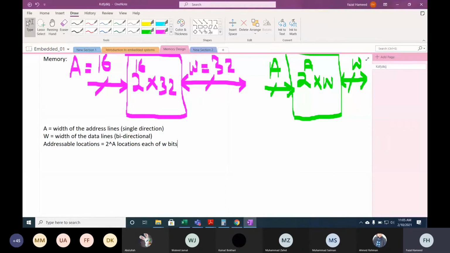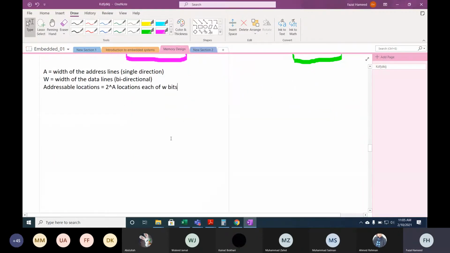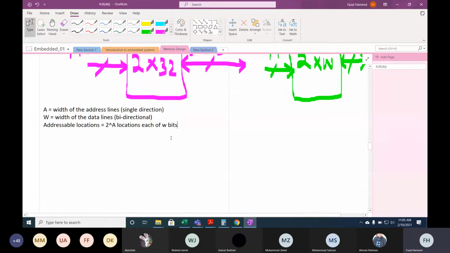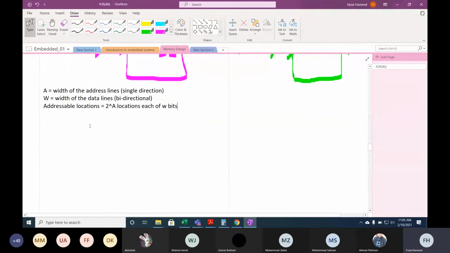Okay. Now when we say that the address is 16 bits, we can also do the hexadecimal representation. So what is the minimum address in bits? 0000 0000 0000 0000.